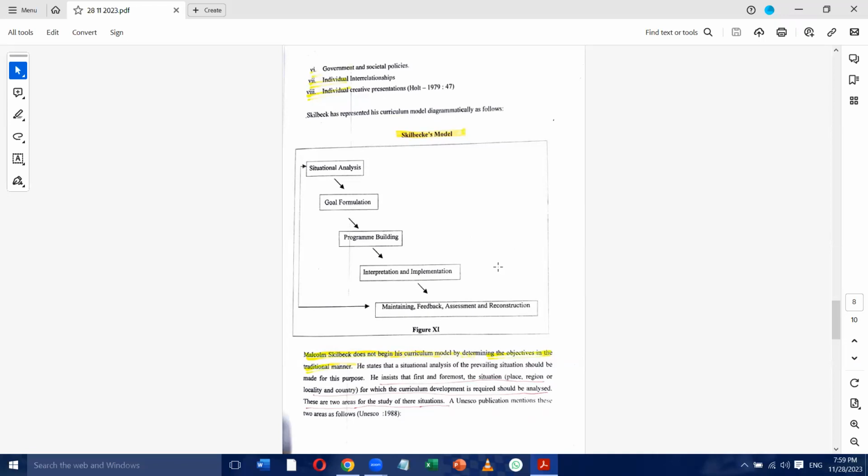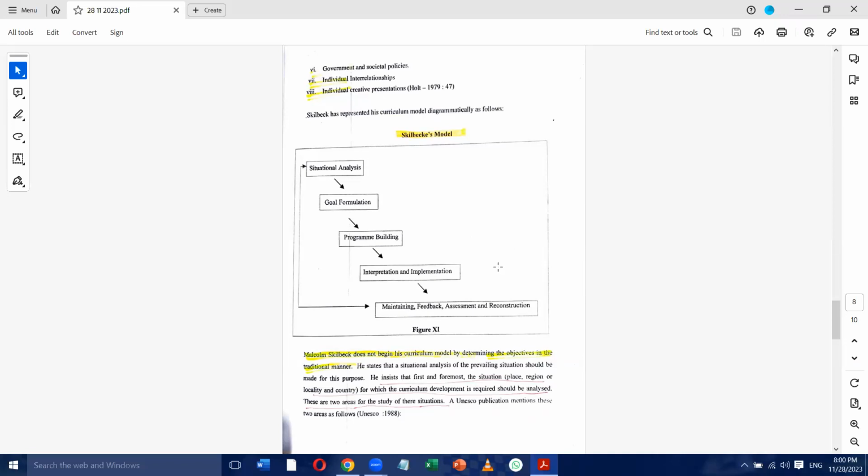Then maintaining feedback, assessment, and reconstruction, that we saw in the evaluation, right? Because he wants to get the feedback of his curriculum or of implementing a curriculum. Or even, if you make it a very simple unit, it is a classroom teaching. So you want to get the maintaining feedback, assessment, and reconstruction.